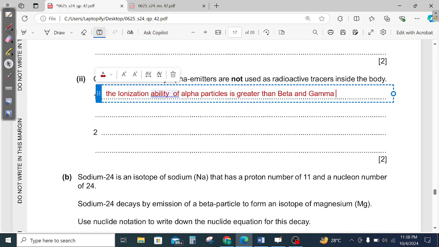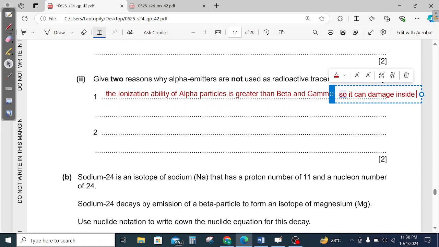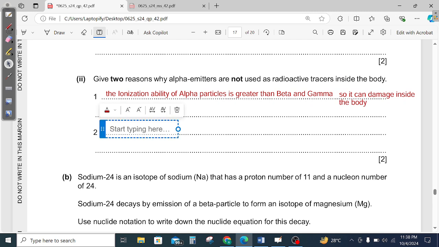So the first reason is that it can damage inside the body due to its high ability of ionization.